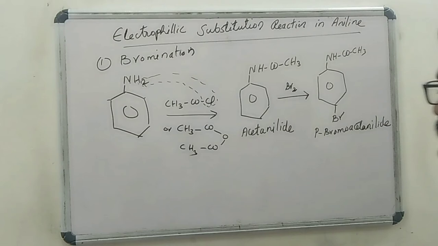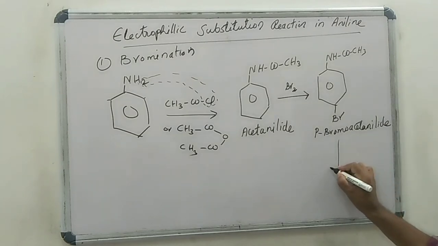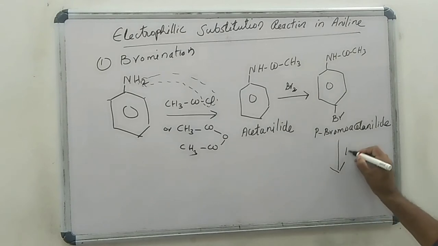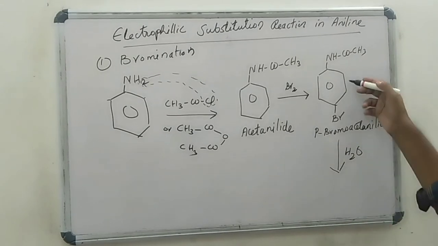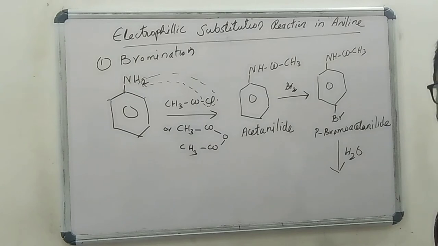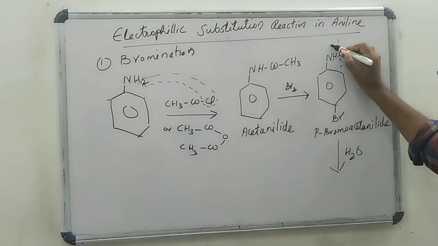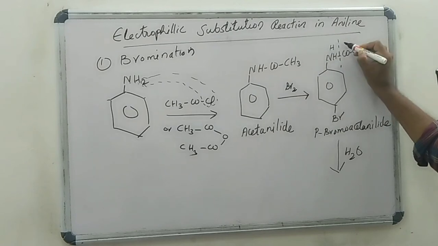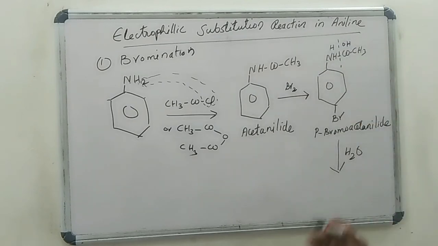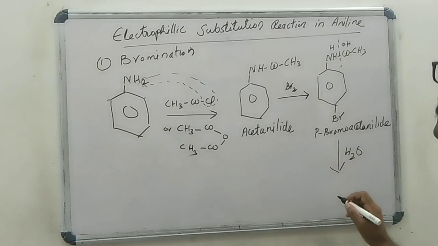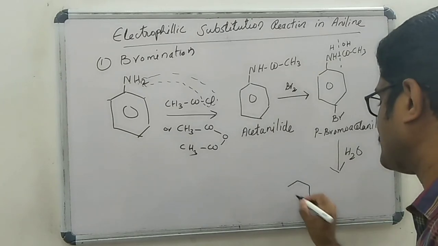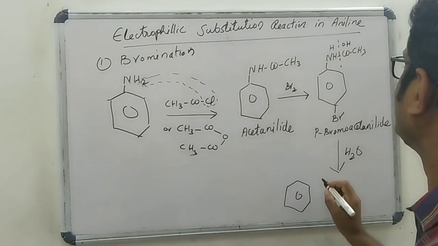Then the next step, this para bromo acetanilide is treated with water, which means hydrolysis. This nitrogen carbon bond gets cleaved. Then water, H and OH add, and form the product.